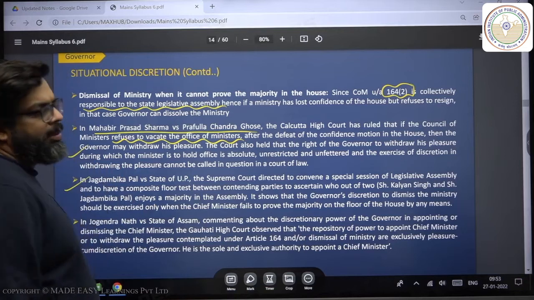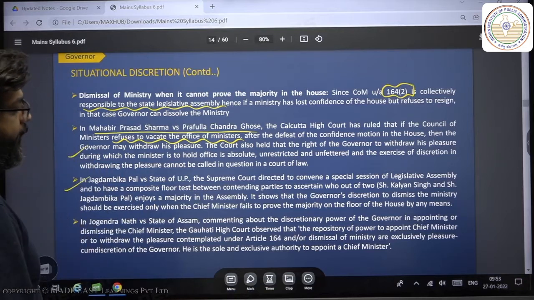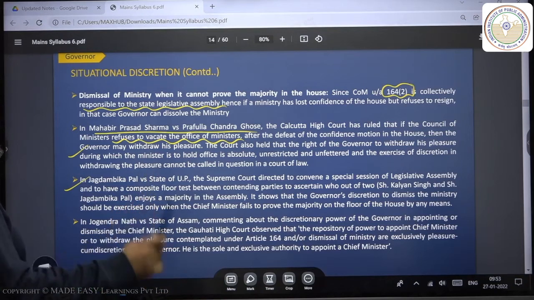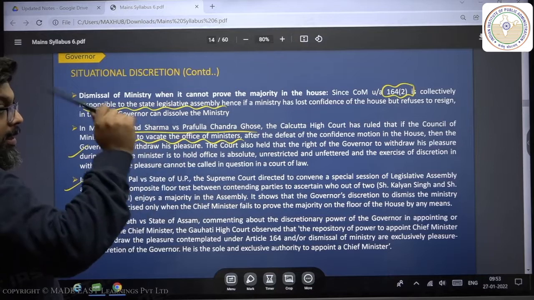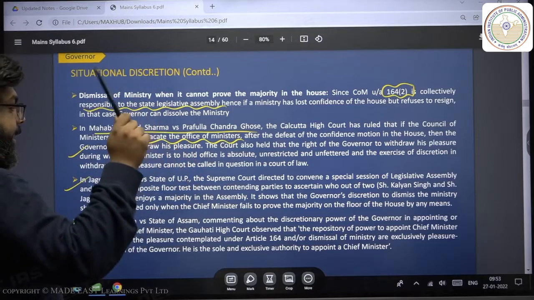In Jagdambika versus State of UP, the Supreme Court directed that convene a special session and have a proper floor test, a composite floor test between contending parties, whether it's Shri Jagdambika Pal or Kalyan Singh. Call the House and check who has the majority.